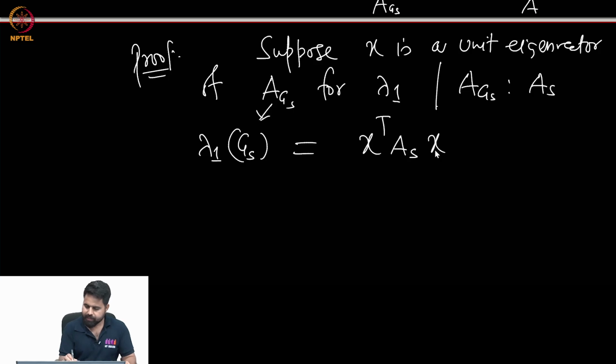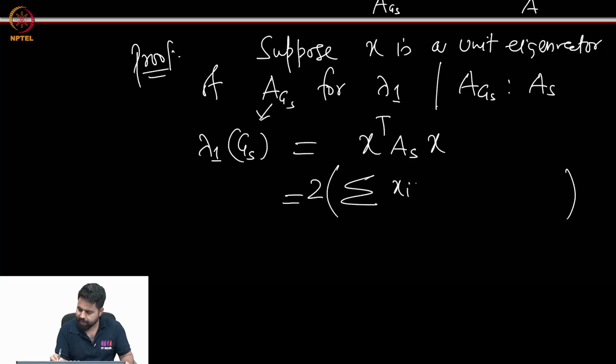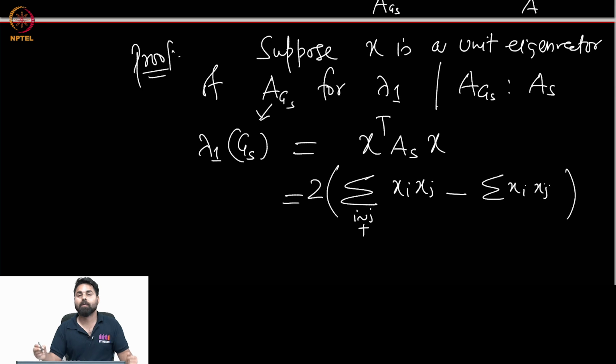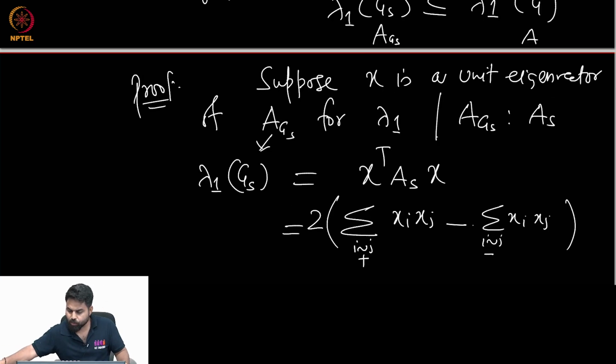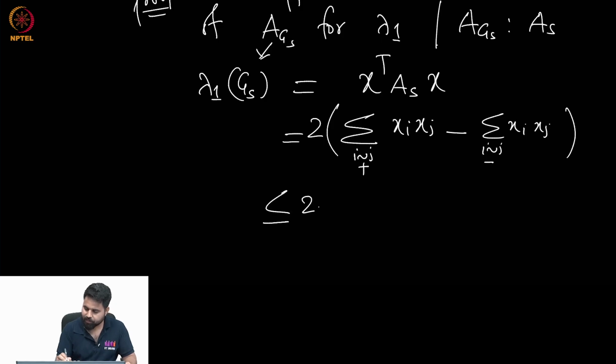Now if you open this, it is nothing but 2 times the sum over all the edges of xi xj, but there are 2 types of edges. Some edges are plus, some edges are minus. So this will be the sum over i j with plus sign, minus the sum over i j with edges which are negative, so the term will have a negative sign. Now you see that this quantity is always less or equal to this quantity, so let me take the mod of xi xj.